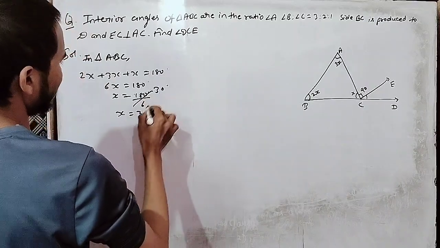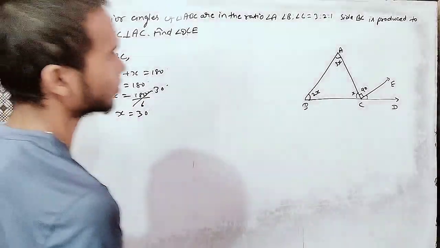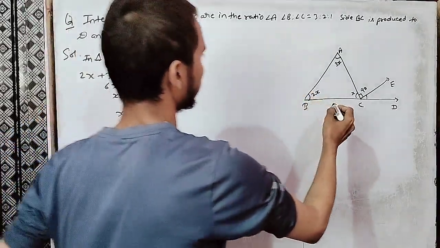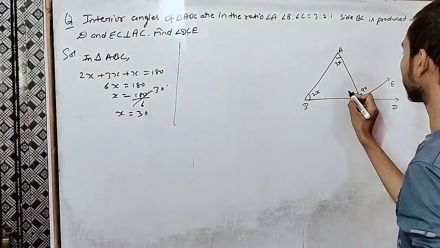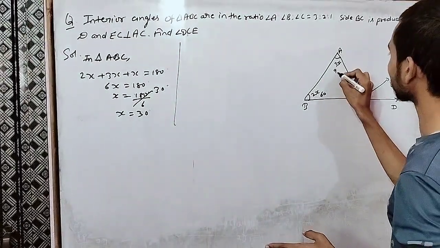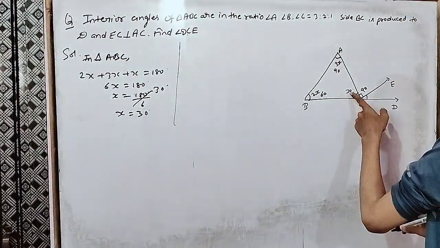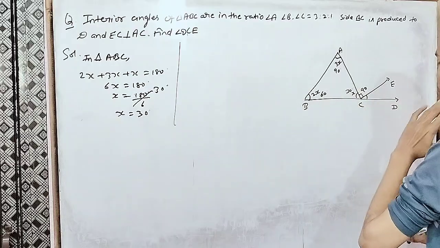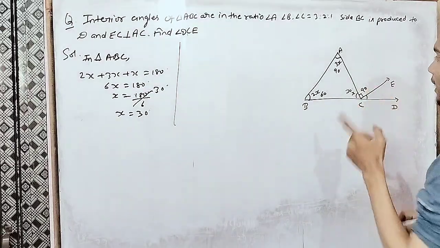So this is 30, this is 60, and this is 90. 60, 30, 90, total 180. This is correct.